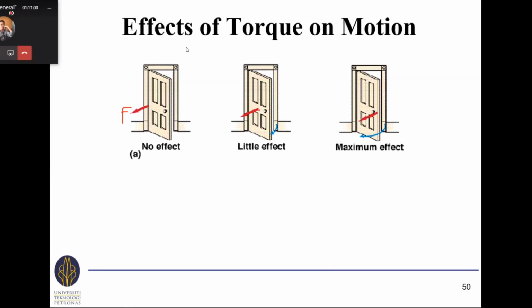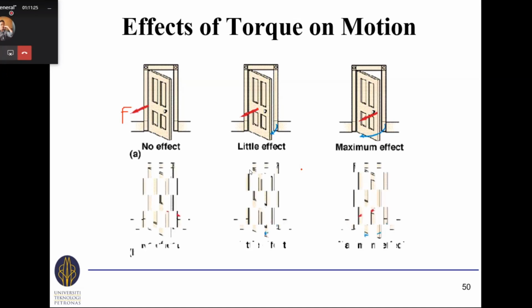If you put the doorknob in the middle, there will be little effect and it will be a bit hard to rotate the door. So the doorknob is at the end to give you the maximum effect, making it easier for the door to rotate.